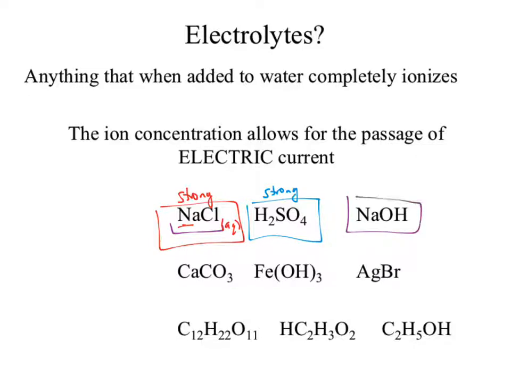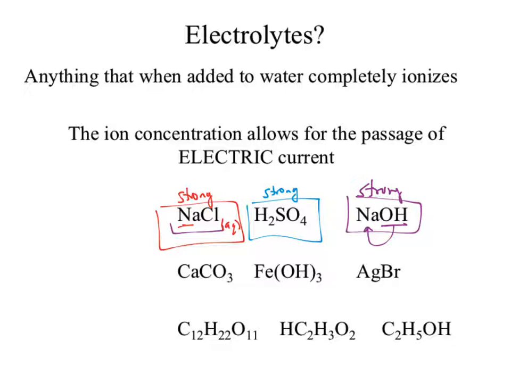Sodium hydroxide? What is that one? It's a base. Is it a strong base? Yes. How do we know it's a strong base? Because we memorized our strong acids and strong bases. In that list, anything with hydroxide bonded to a group 1 or group 2 metal is a strong base.